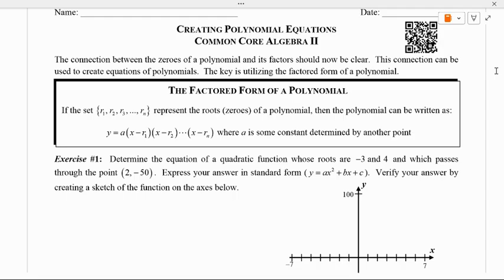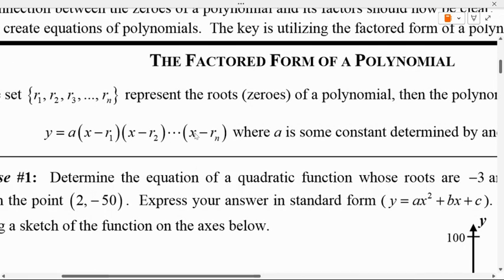So the first thing I want to tell you is that the roots or the zeros, wherever the graph crosses the x-axis, when I look at a polynomial equation written in factored form, notice that my roots are right here. This is R1 and R2 and however many roots I have, okay?